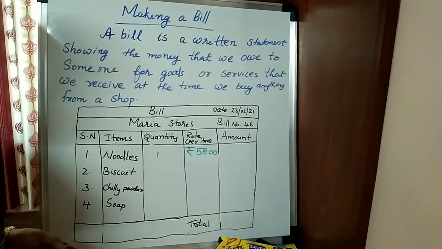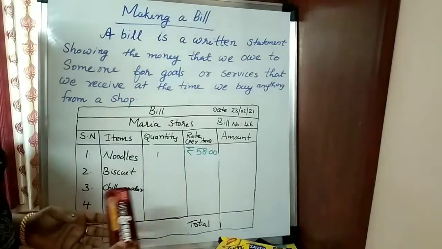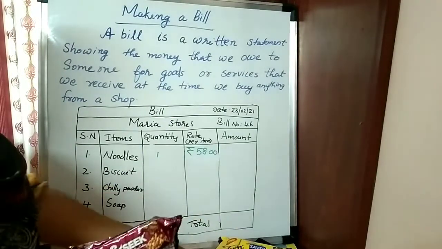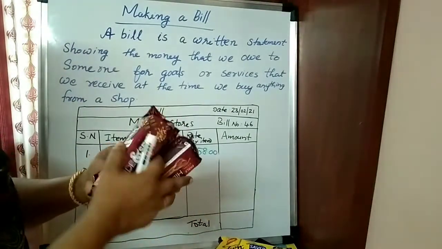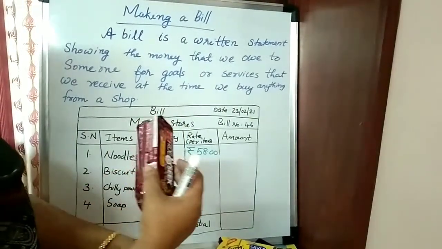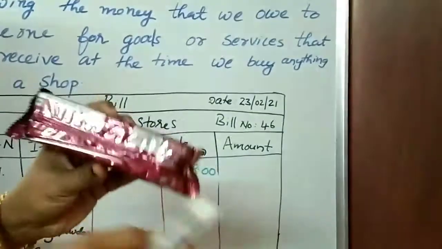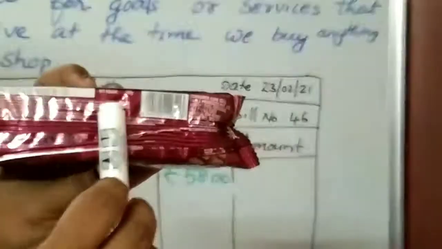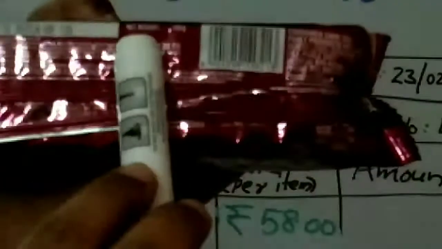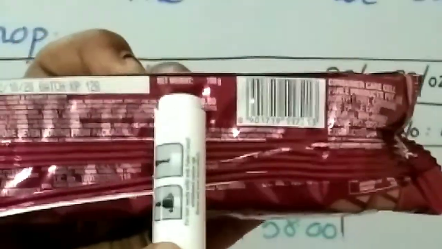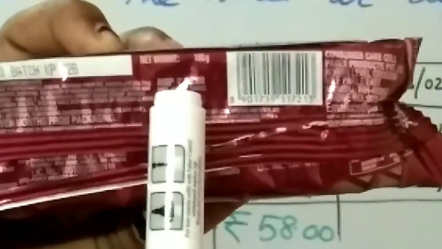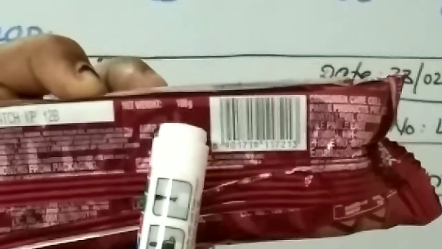Then I have purchased some biscuits. That means 3 packets of biscuits. Then what is the cost of each packet? Here, MRP. In that packet there is the letter MRP and the rupee symbol, then 30.00.